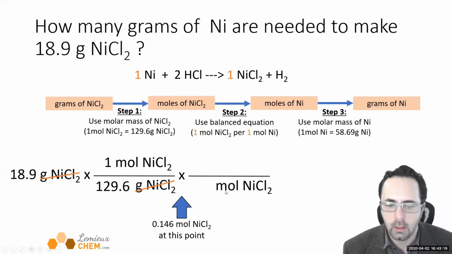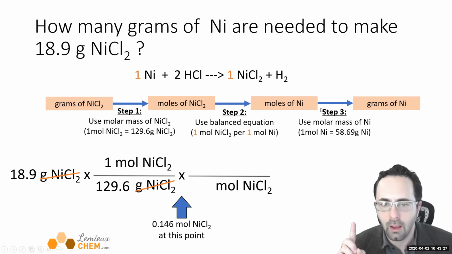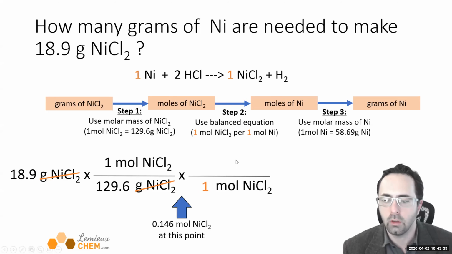Now, the numbers that we're going to get, because we're on step 2 and we're going from moles of one thing to moles of another, that's the only time where we use the balanced equation. So the number that's going to go with the nickel II chloride is 1. So we write the 1 there, put it in orange because it's coming from the equation. We're going to cancel our moles of nickel II chloride, and the other side will be the nickel.